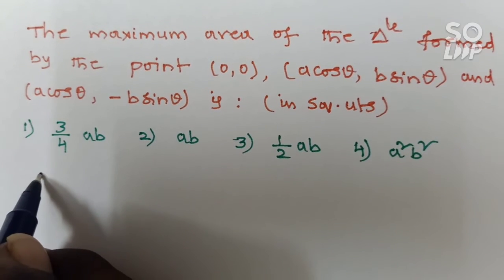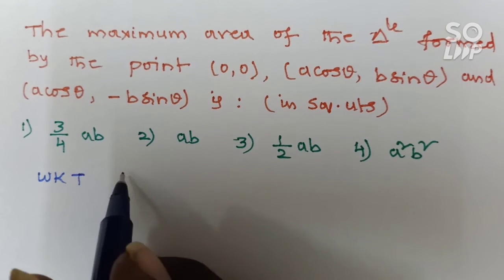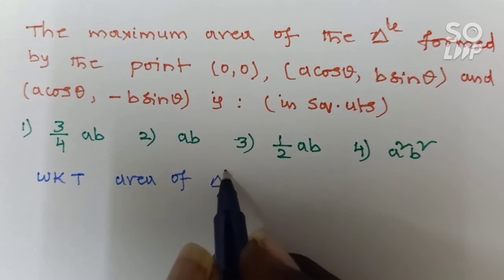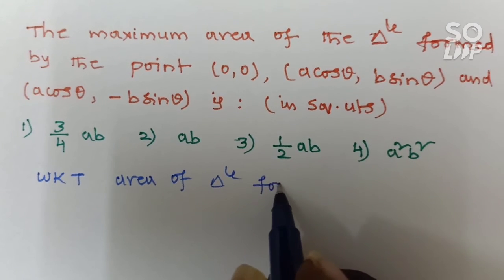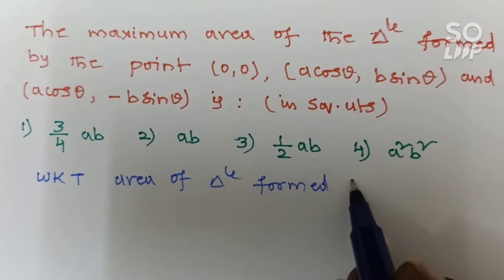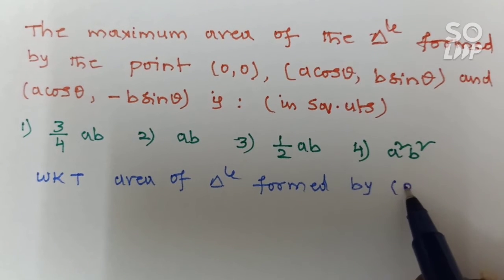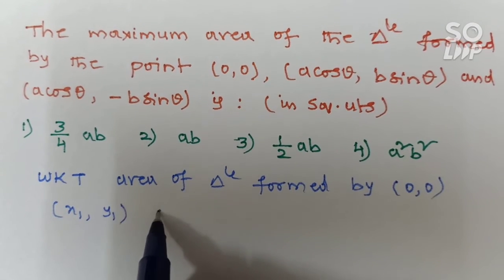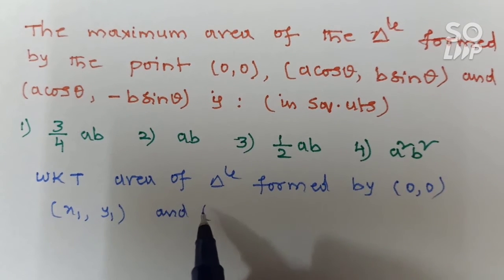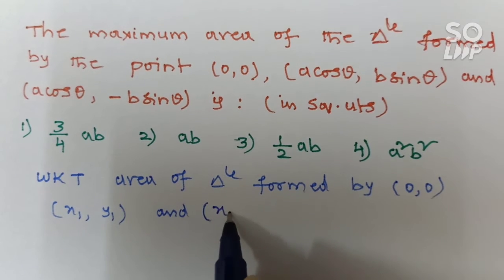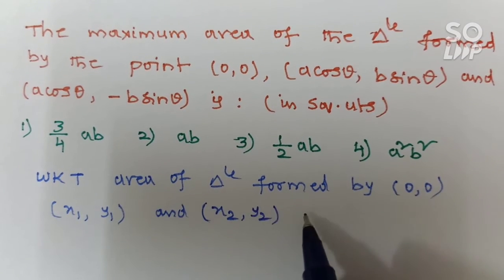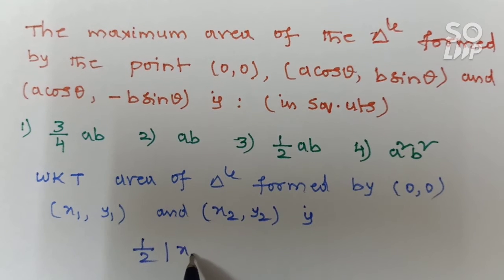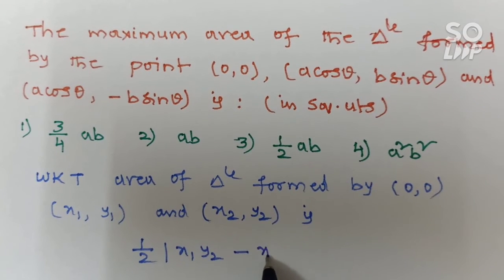We know one formula: the area of the triangle formed by 0, 0, x1, y1 and x2, y2 is half into modulus of x1 into y2 minus x2 into y1.